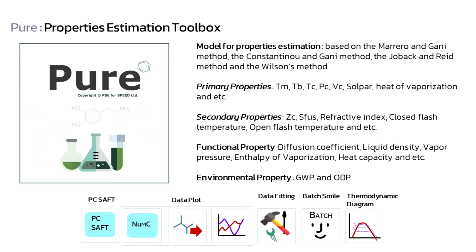In addition, features in pure related to data fitting, generation of small or group atom contributions, thermodynamic diagrams, property data plots, use of PC-SAFT for temperature and pressure dependent properties, as well as our latest machine learning based model for primary properties will also be highlighted.